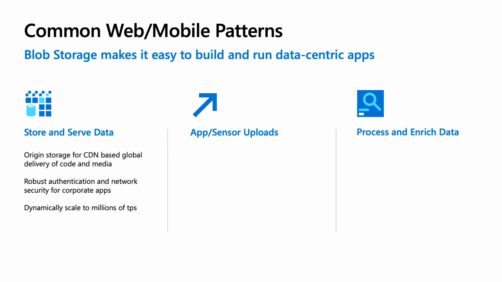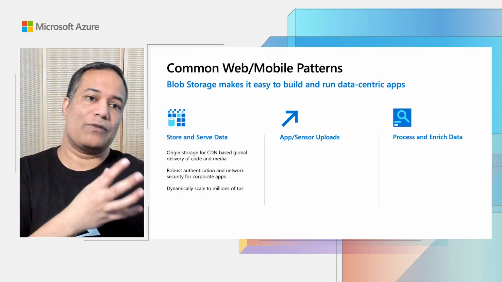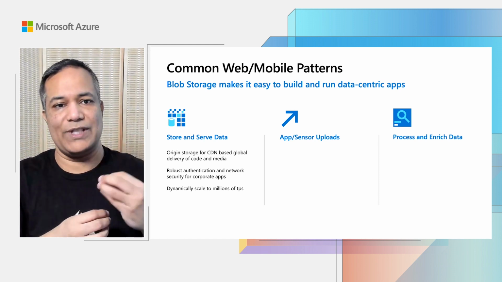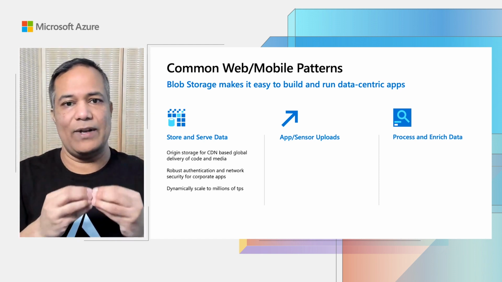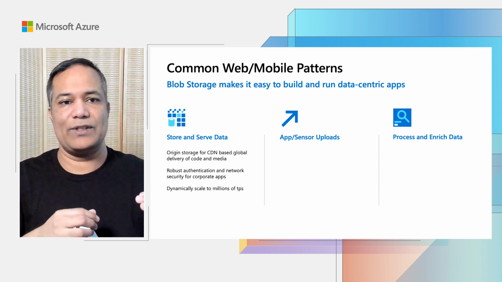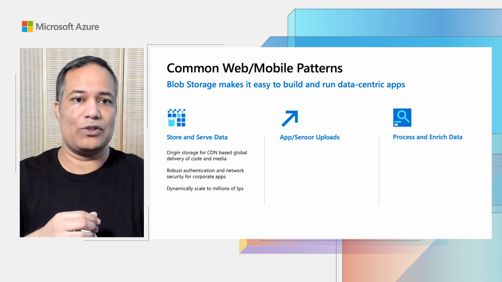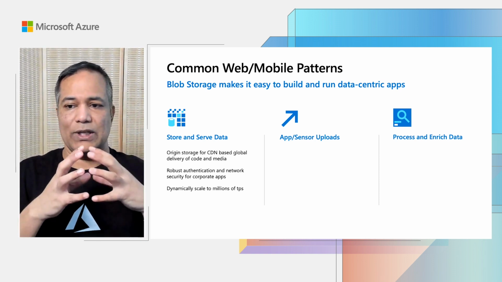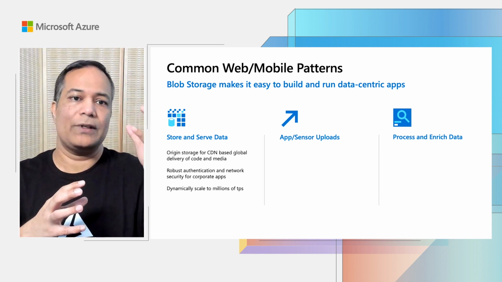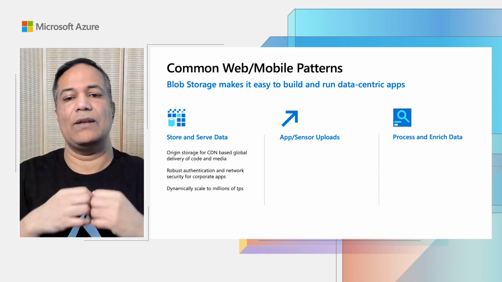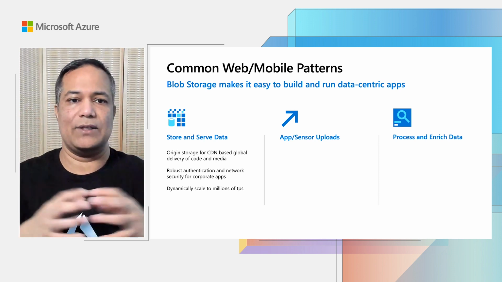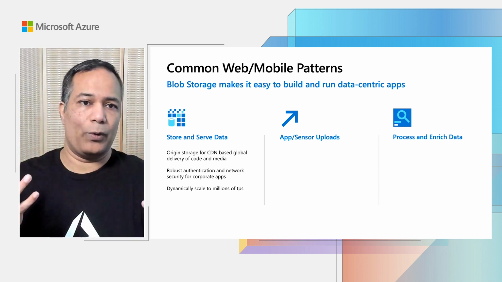If you have static data, you're going to use Blob Storage frequently as origin storage for your CDN. That's fully natively integrated. You can just kind of go set up your CDN in a couple of clicks from the storage account. And you can then use the combination of Blob as origin plus your CDN to scale very easily to millions of hits from all over the world.